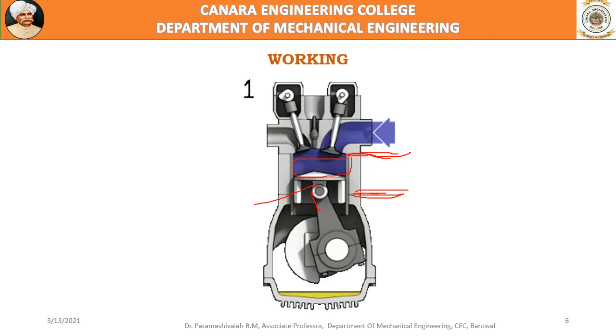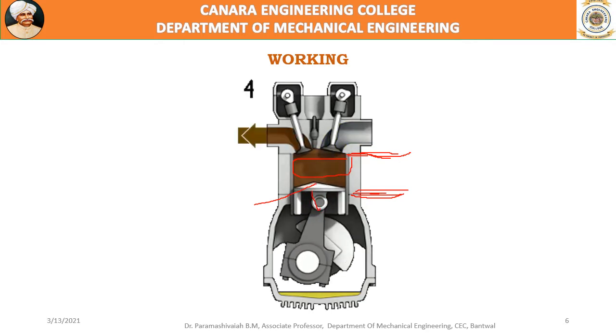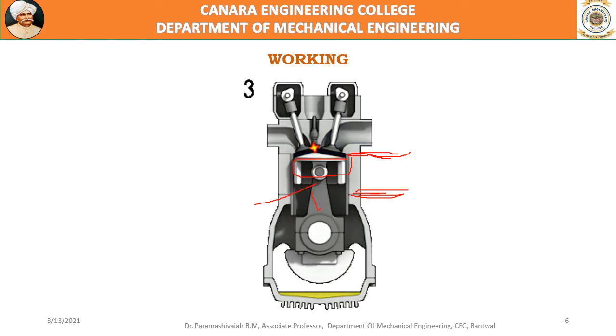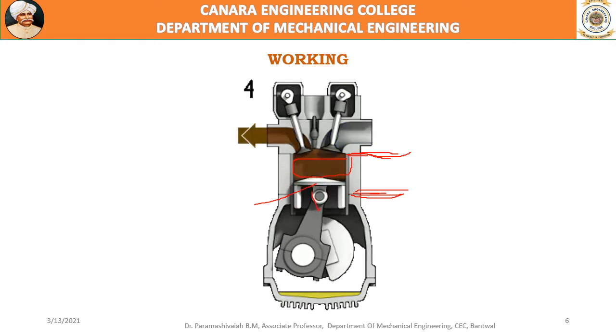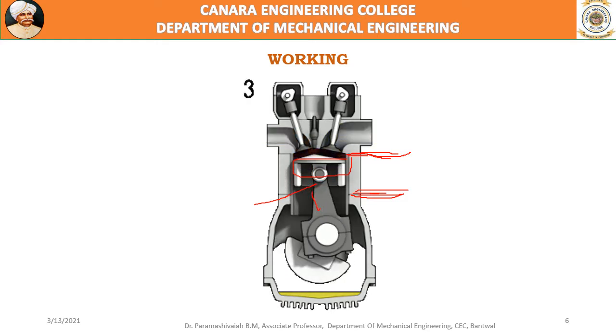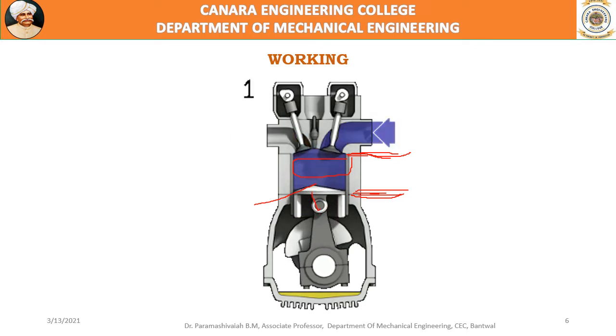The motion required for all engines is a rotary motion, but the available motion here is reciprocating motion. So this reciprocating motion is to be converted into rotary motion. For that, the arrangement of this connecting rod and crank is adopted. How it converts, we will see later.